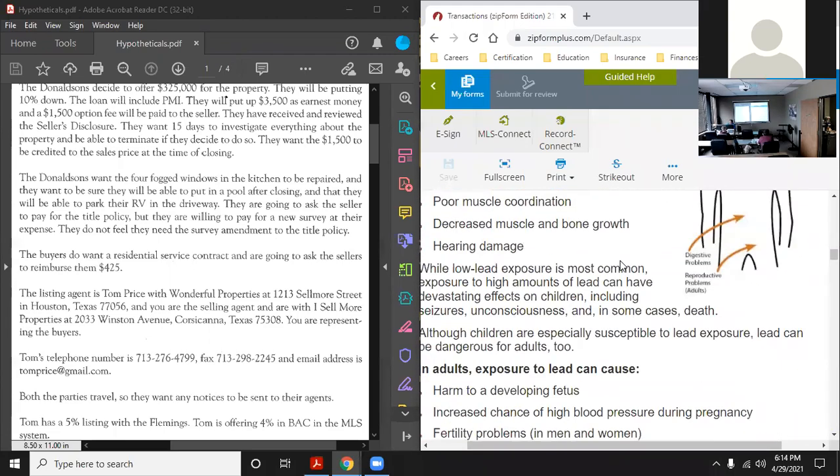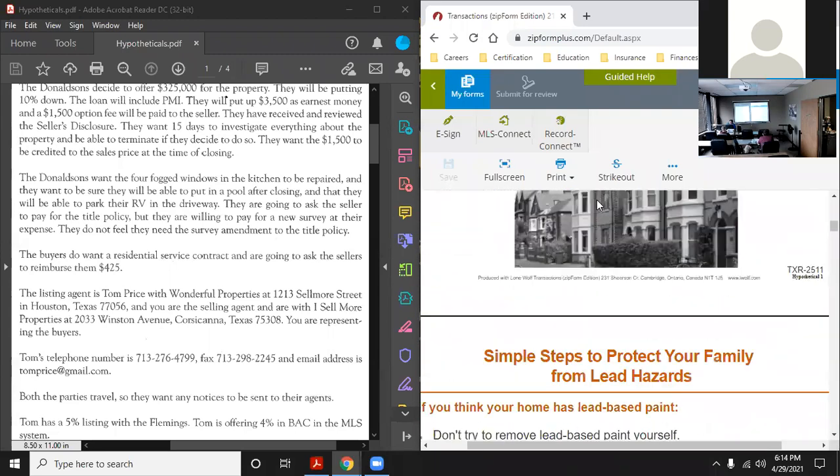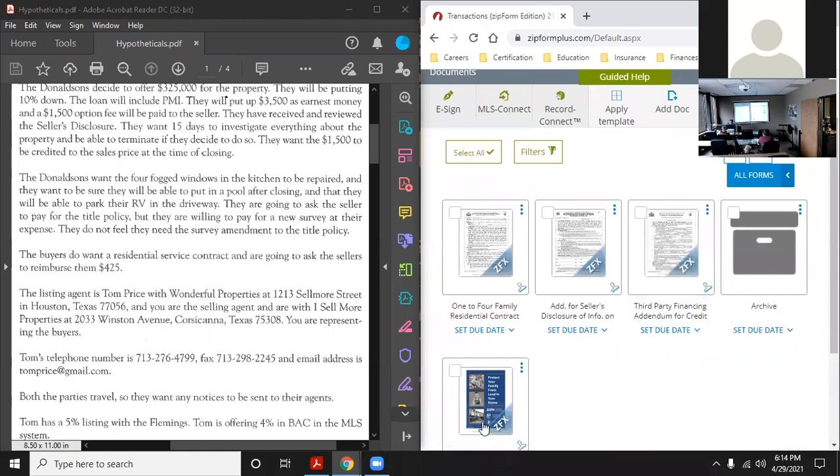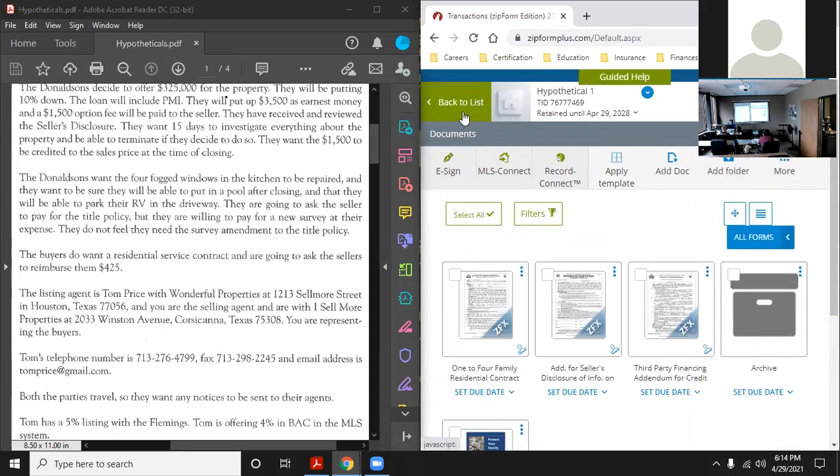If you have a lead-based paint addendum, it's good to have this, and when you send over the lead-based paint addendum to have them sign, just send this over as well so they receive it. Because I think that's something you just have to give them to make sure they understand the hazards of it and everything like that.